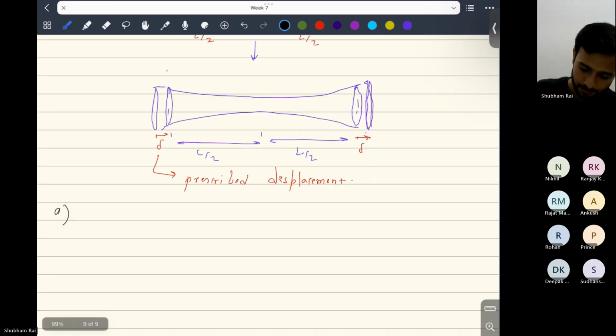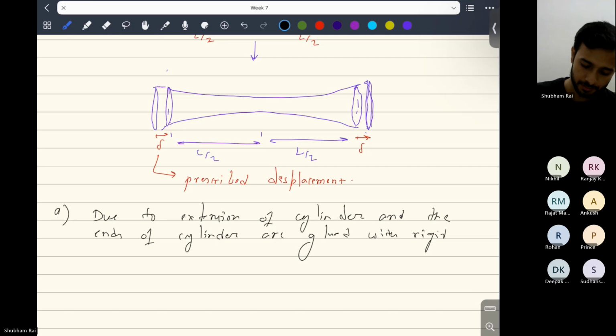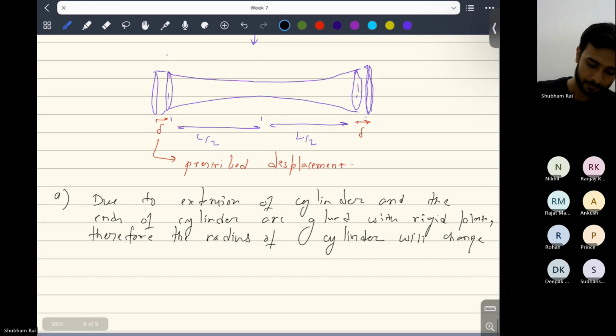So from here we can conclude that, let me just write, due to extension of cylinder and the ends of cylinder are glued with rigid plate, therefore, the radius of cylinder will change non-uniformly.